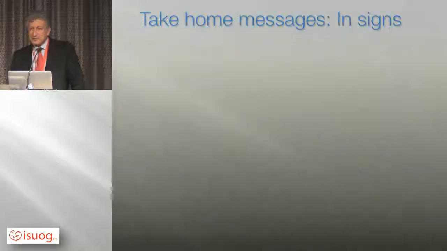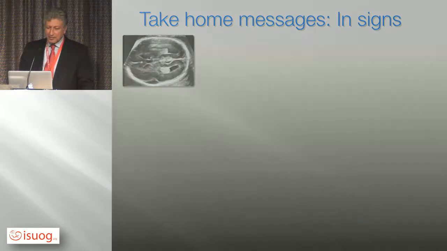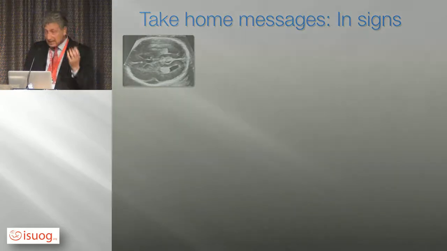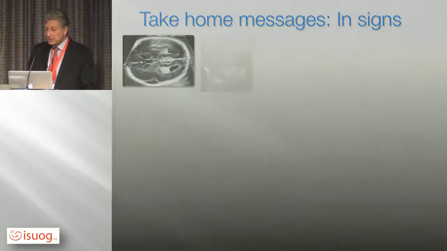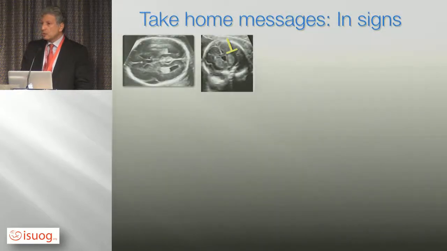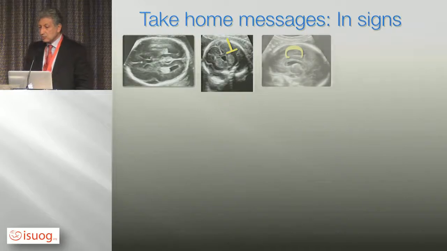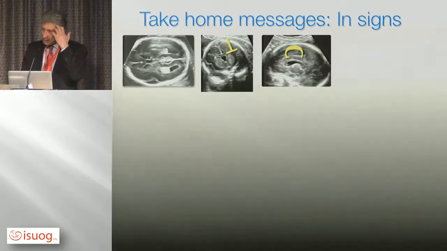So I come to the end of my talk. I showed you many signs, and this is why I decided today to give you take-home messages as signs. First, the first image we look for is the axial view of the brain, where we see the cavum septi pellucidi. I showed you the T sign when you look at the coronal plane, and I showed you that in a mid-sagittal plane, the C shape of a corpus callosum can be well recognized.